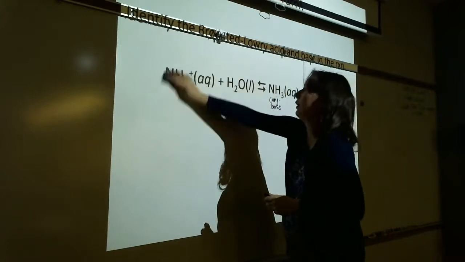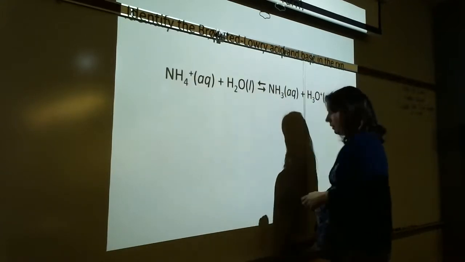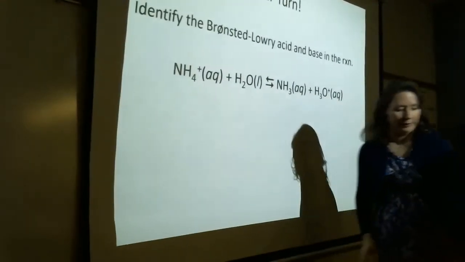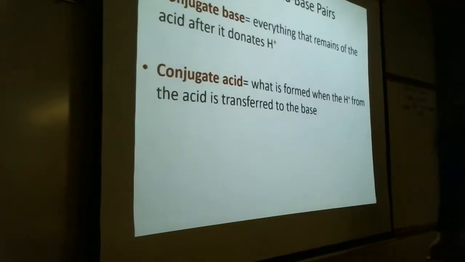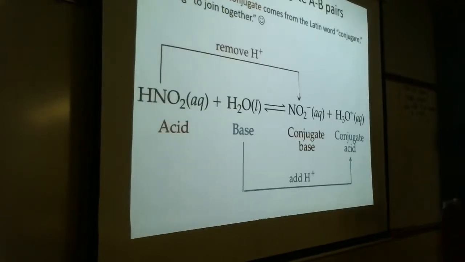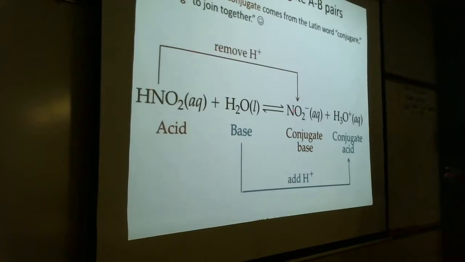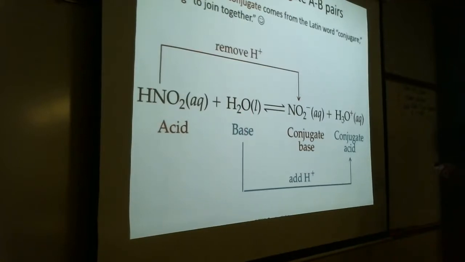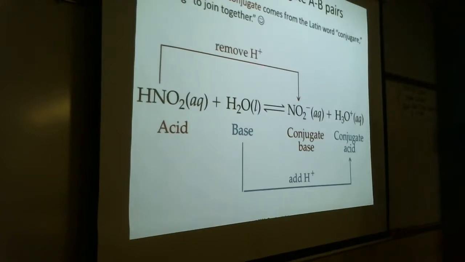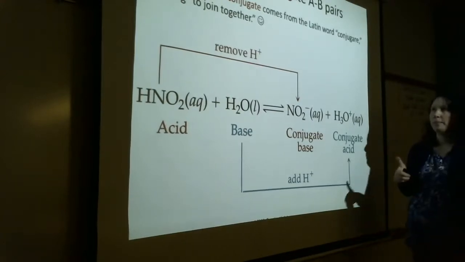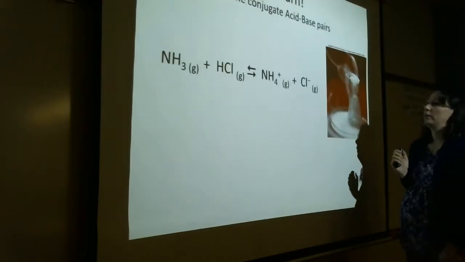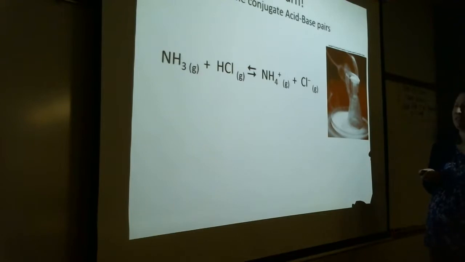So just, like I said, the definition's a lot wordier than it is in practicality. If you understand the concept, the definition's a lot wordier than it really needs to be. Right? So acid, conjugate base, base, conjugate acid. Right? The only difference between them is removal or addition of the H plus. Make sense?